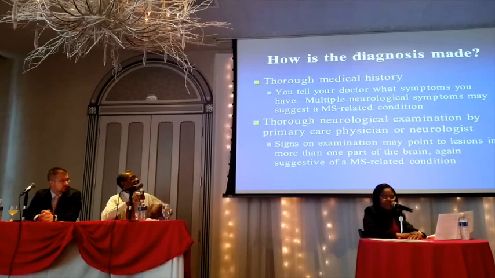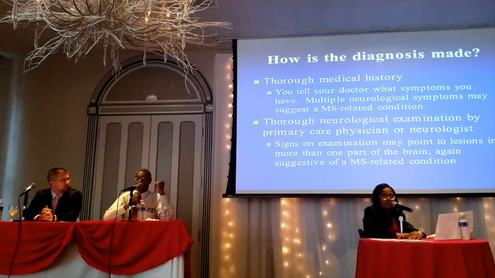So how do we make the diagnosis? Well, mostly, and this is true of most diseases in neurology, we make the diagnosis by listening to you. Usually by the time someone gets to the neurologist, they've had sometimes more than one spell.